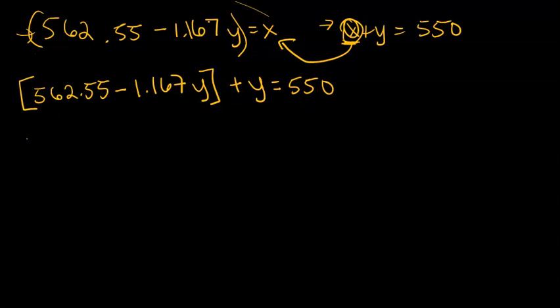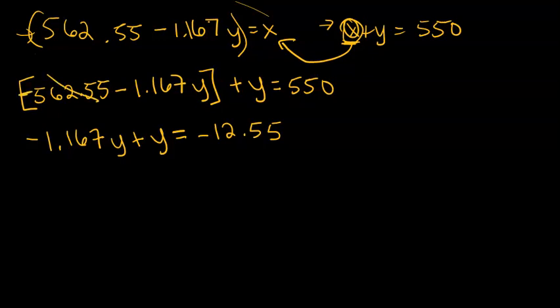So I would end up with negative 1.167 y plus y equals negative 12.55, right? So I made this a negative and we got rid of these.